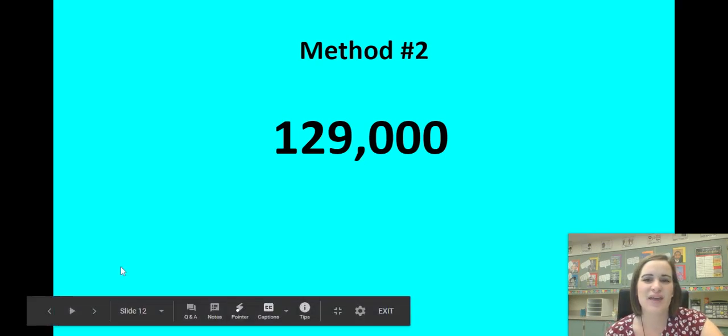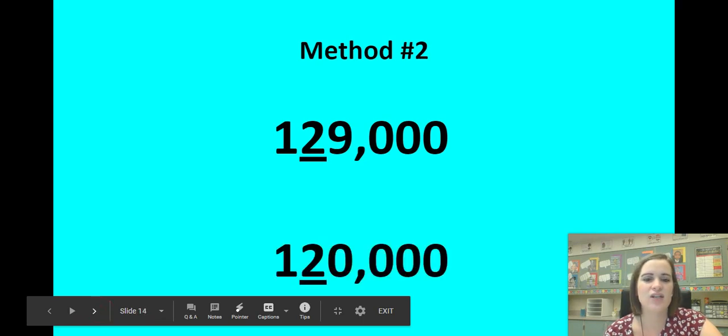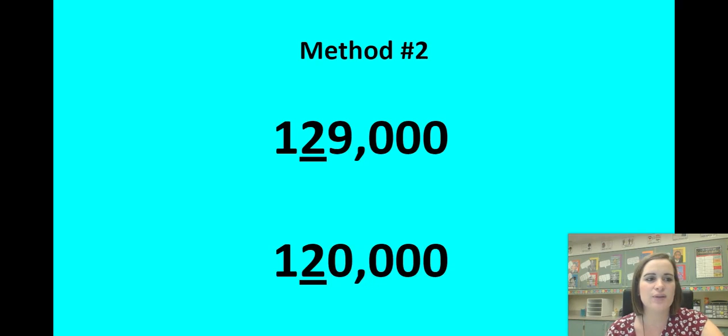Just like the other one, you are going to write the number you're rounding and mark the digit in the place that you are rounding to. So in this case, it is the 10,000s. Then you're going to replace all of the numbers to the right of this digit with zeros. This is the lower number, 120,000.